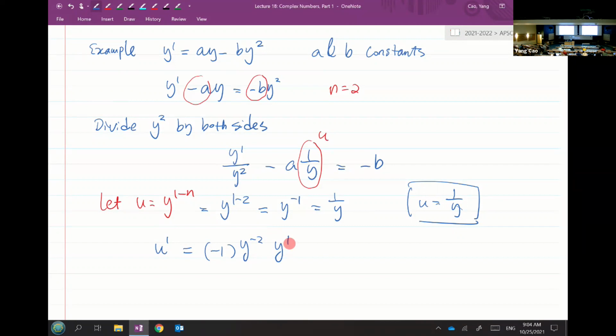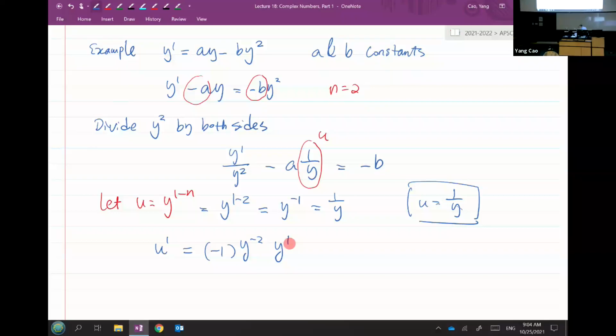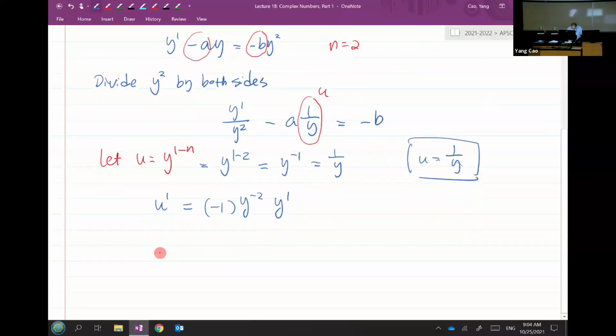So now your u prime is equal to negative y prime over y squared. And this term is basically the first term of the differential equation.